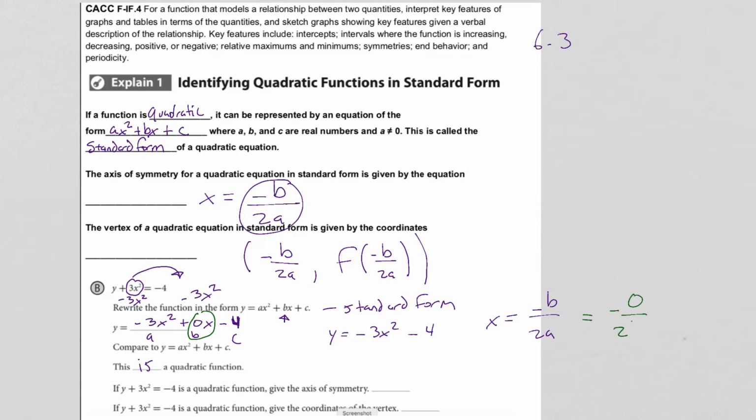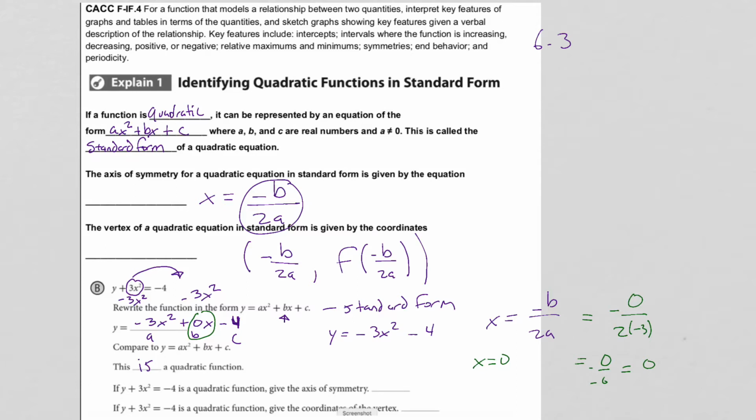How much is a? Negative 3. It doesn't even really matter because 0 divided by any number is simply going to be 0. You get negative 0 over negative 6, which all winds up being 0. So what's the axis of symmetry? x equals 0.